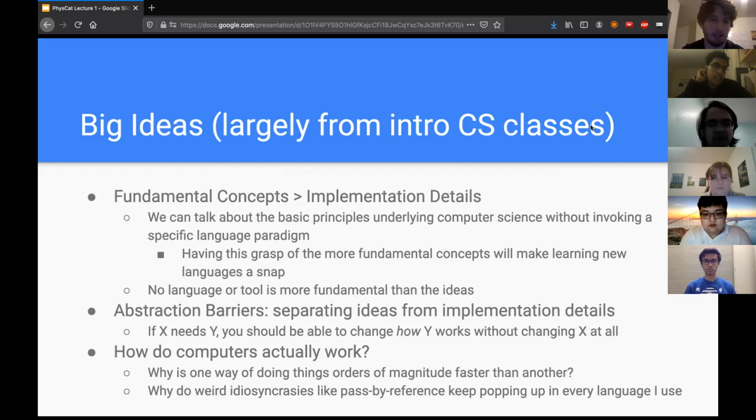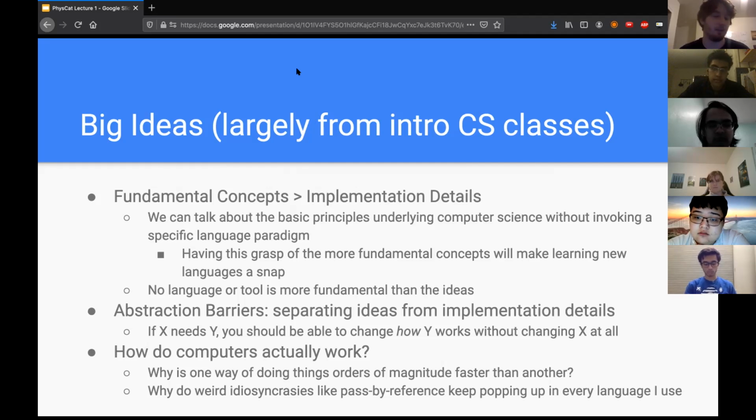Ada, do you want to talk about this one? Yeah. So, dovetailing off of this, a big idea in this course is we want to teach you the fundamental reasons why things work the way they do, more than we want to teach you how each individual thing works and exactly how to use it, because there are so many different tools and they go out of date all the time.